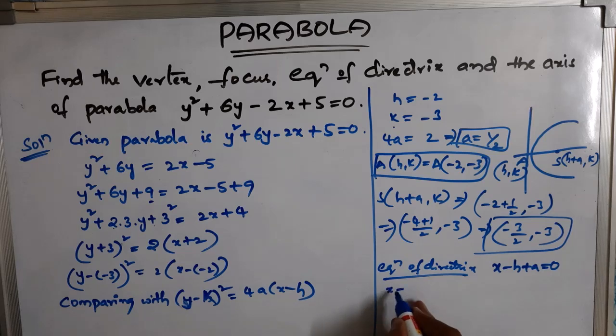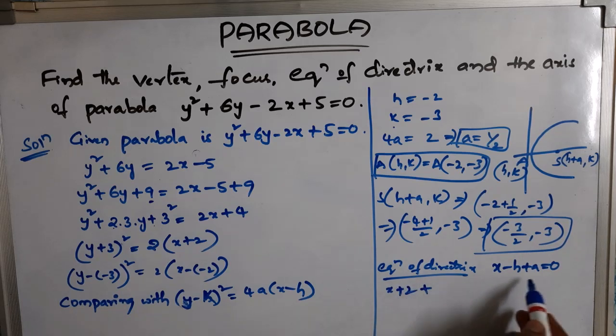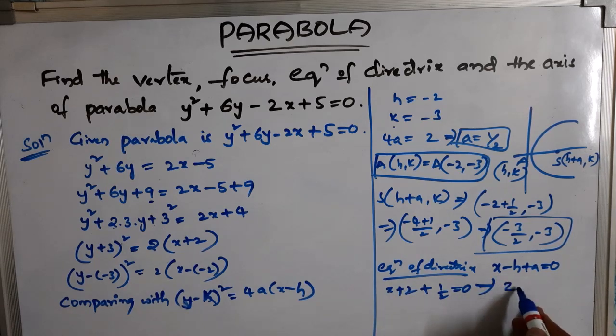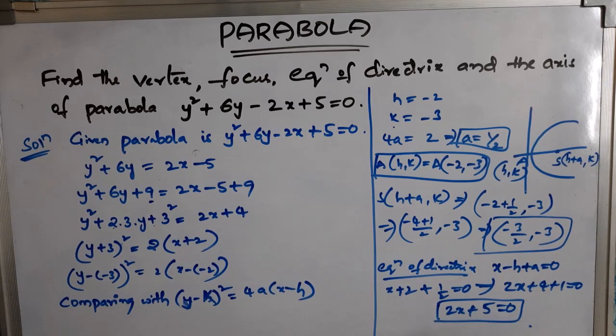X minus, what is the value of h here? Minus 2, so it becomes plus 2, plus what is the value of a? 1 by 2 is equal to 0. By solving this, you are going to get 2x plus 4 plus 1 is equal to 0. 2x plus 4 plus 1, 5 is equal to 0. This is the equation of directrix.